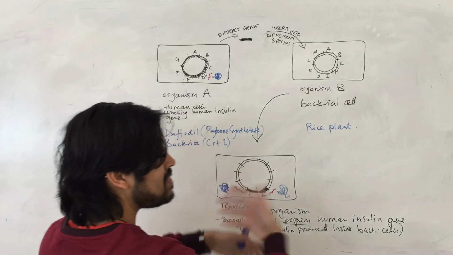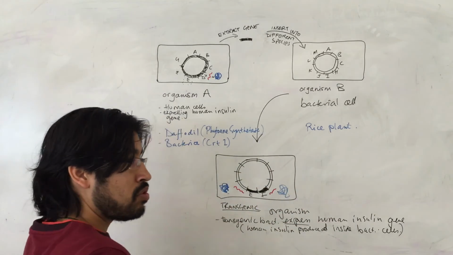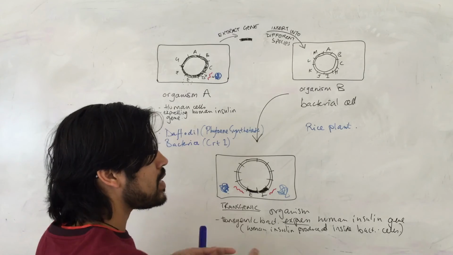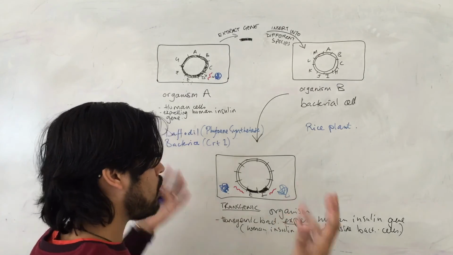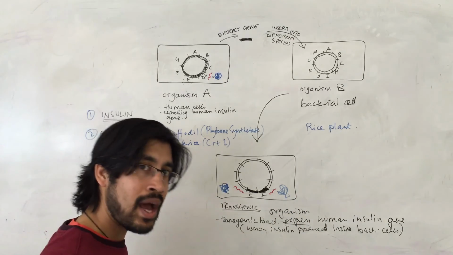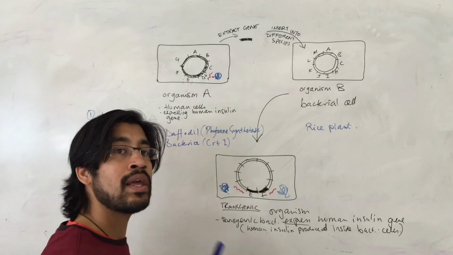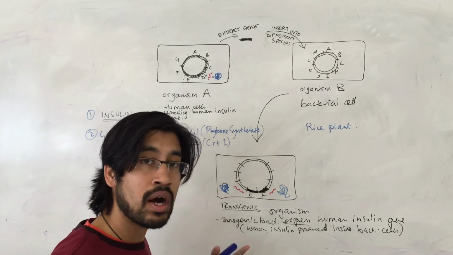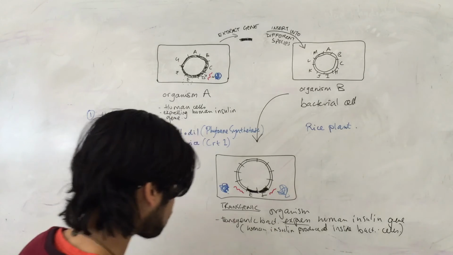So now it has the enzymes to convert what it's already got, this starting compound, into beta-carotene, and lo and behold, we have rice that has high levels of beta-carotene, or at least higher levels of beta-carotene.